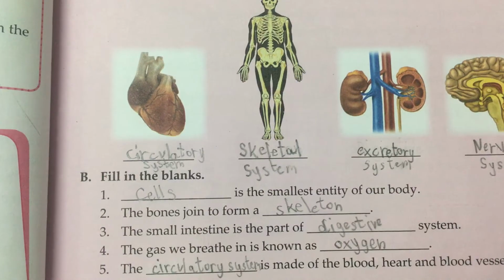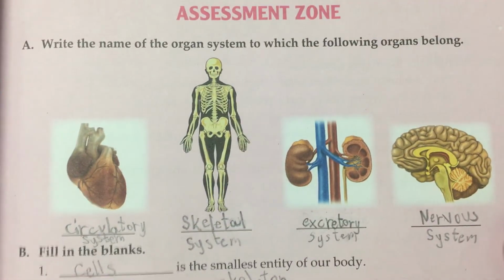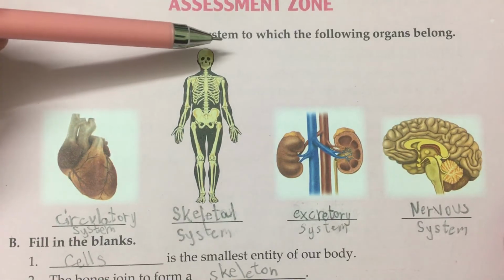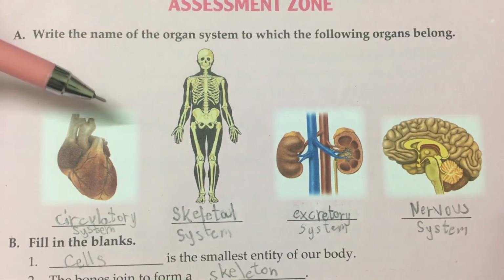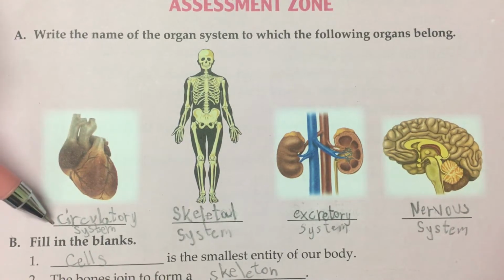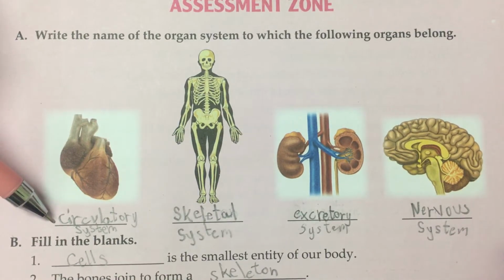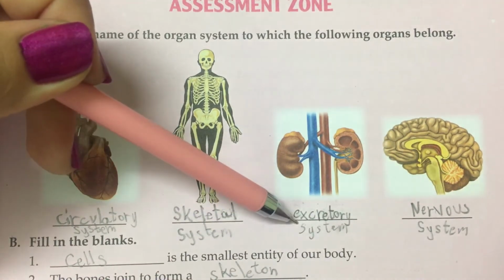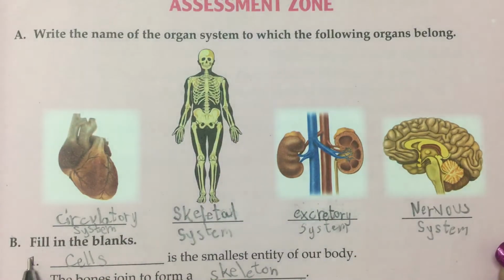Now, assessment zone. Number 1, write the name of the organ systems to which the following organs belong: circulatory system, skeletal system, excretory system, and nervous system. Fill in the blanks.